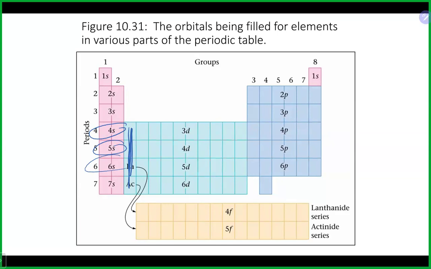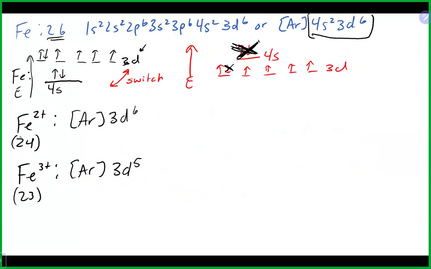online in some places people will write the configuration differently. For example, you may see some write iron as 3s2 3p6 3d6 and 4s2. And that's the electron configuration based on energy after all the electrons have been put in. Nobody really writes it like that in classes that you take.